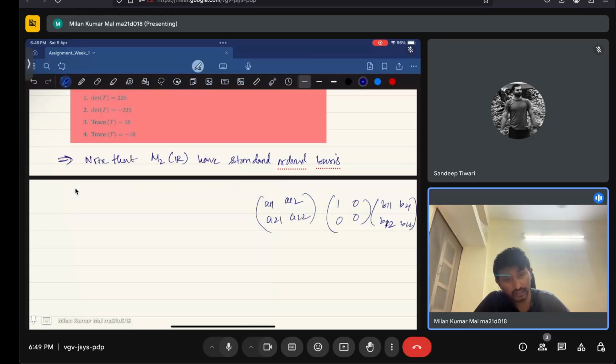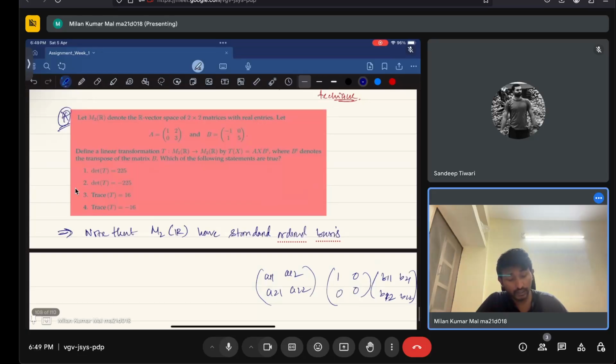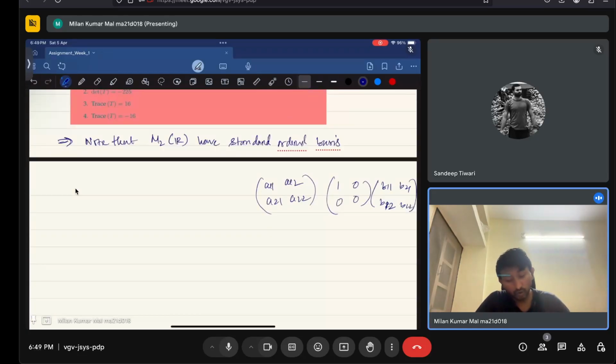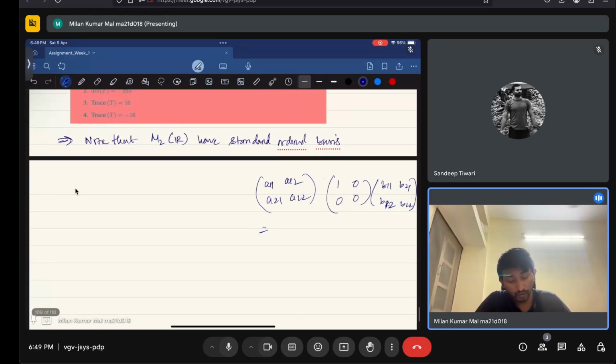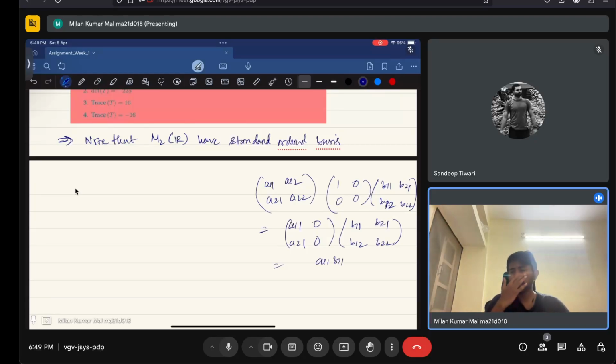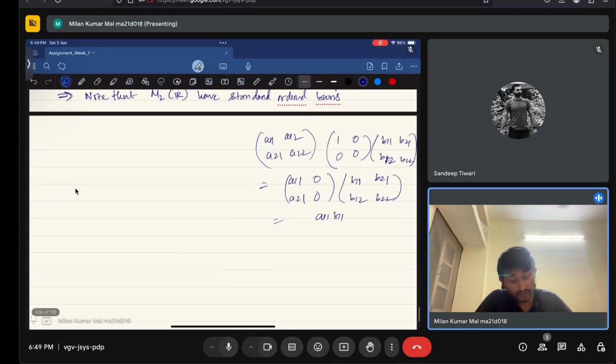This is the real matrix, so I don't take any conjugate. So what will happen: A11, next one will be 0, A21, 0, and next B11, B21, B12, B22. So this will be A11 B11. I think this will be the tensor product actually.